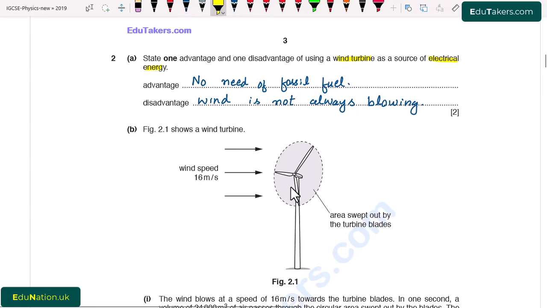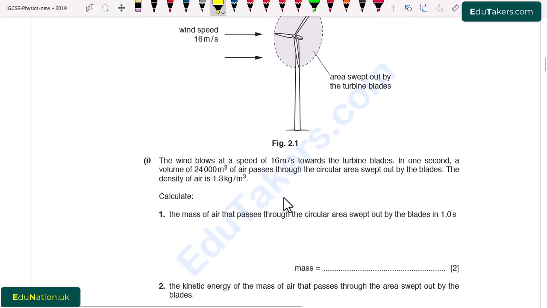Part B. Figure 2.1 shows a wind turbine. Here is figure 2.1 in which a wind turbine is shown, the speed of the wind is 16 meter per second, and the area swept out by the turbine blades is also shown. Part 1. The wind blows at a speed of 16 meter per second towards the turbine blades.